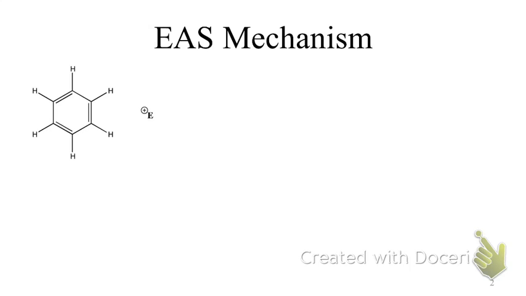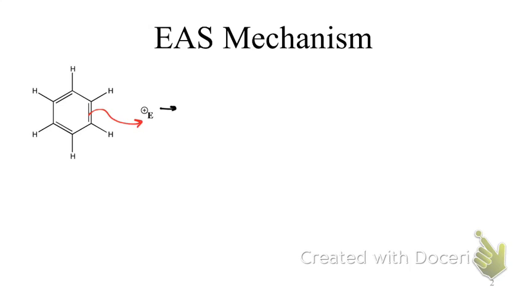Why would the pi bonds be more reactive? Higher in energy than the hybrid orbitals of your sigma bonds. You're looking at S-type orbitals. Okay? Your pi bonds are held further away from the nuclei. They're more reactive. So we can take a pi bond and react with our electrophile.